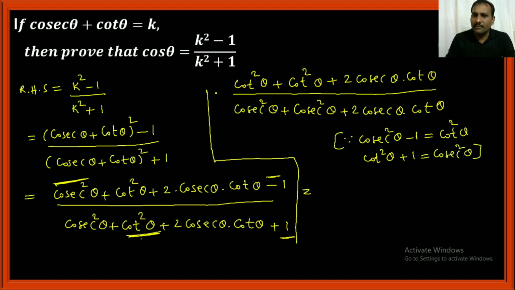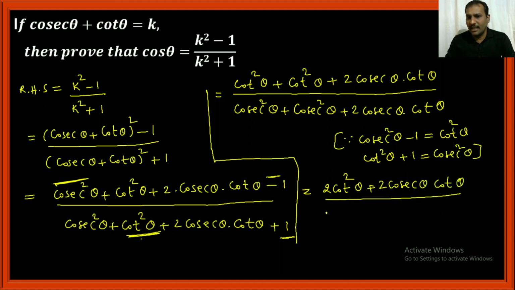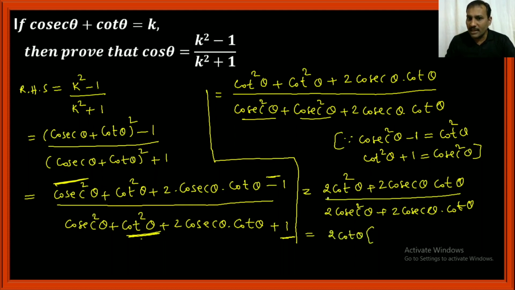Now from the numerator, cot square theta plus cot square theta is 2 cot square theta plus 2 cosecant theta cot theta, by, in the denominator, cosecant square theta plus cosecant square theta is 2 cosecant square theta plus 2 cosecant theta cot theta. From the numerator, take 2 cot theta common. So what is remaining here?